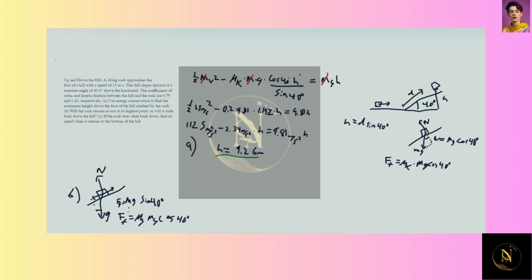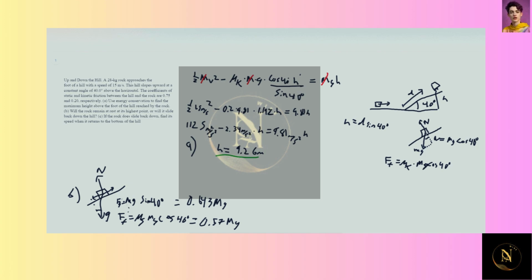So we can find what sine of 40, cosine of 40, and mu sub s are. Because we have mg, we can just leave those there. That gives 0.643 mg for gravity and 0.57 mg for static friction. So we see here that the force due to gravity is larger than the static friction force, which means it is going to go back down the slope.